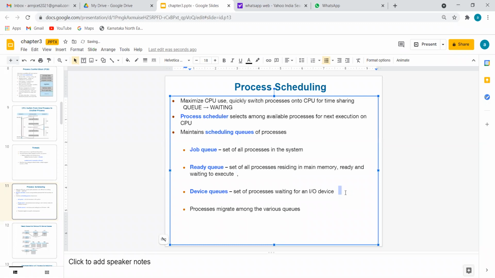At least 3 or 4 seconds, because we need to give 4 digits. Each digit takes 1 second. If I am very expert, I may take 3 seconds. But it is measured in seconds, whereas the values of job queues will be microseconds, or even nanoseconds today. Job queue and ready queue take less time than the device queues.